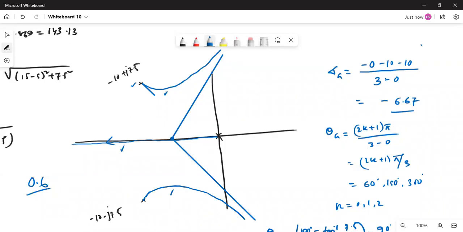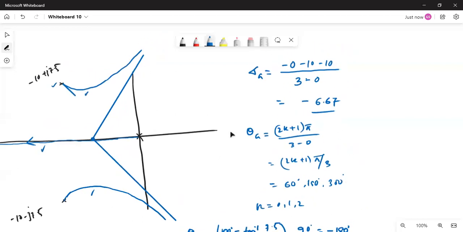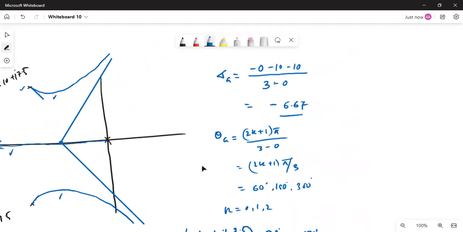So our zeta for this one is 0.6, and based on that, your theta is cos inverse 0.6.